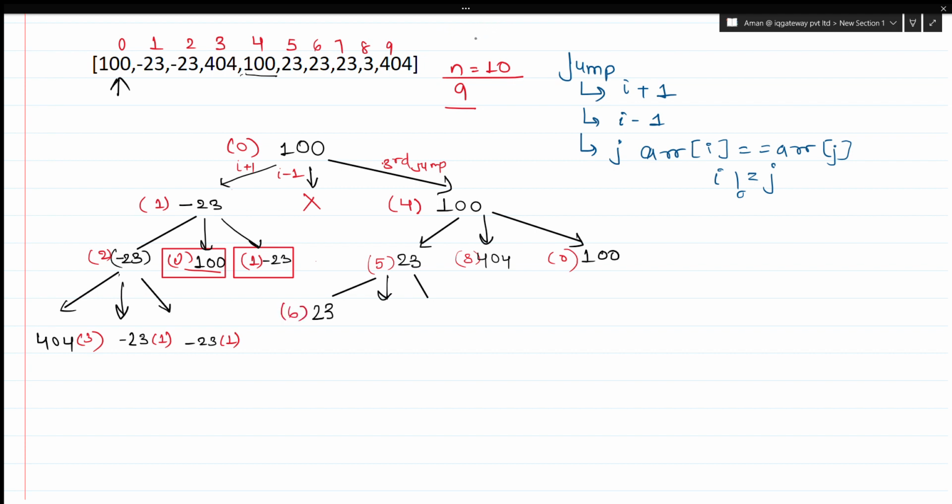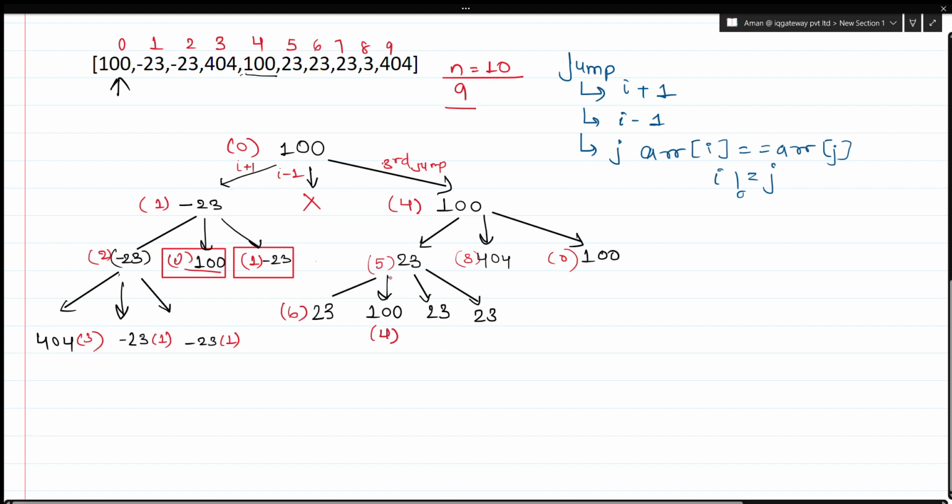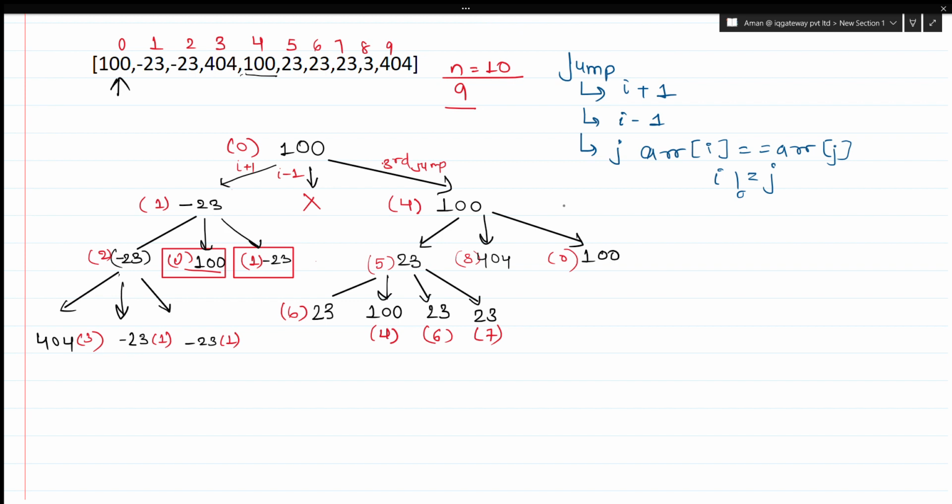Then I can go to I minus 1, which is 100 at index 4, and another 23, which is at 6. Okay, but is there only one 23? No, there is one more 23, so I can add one more branch, which is at index 7.